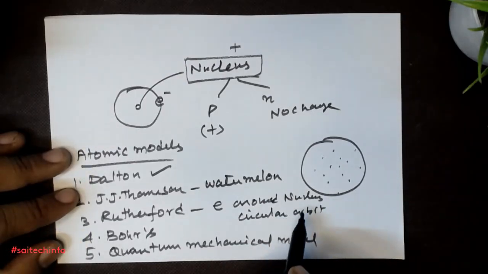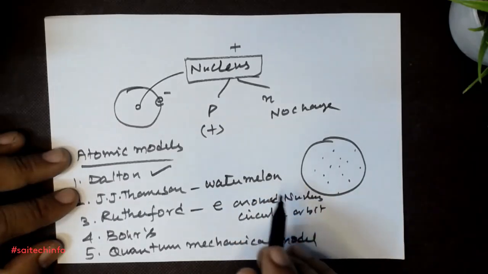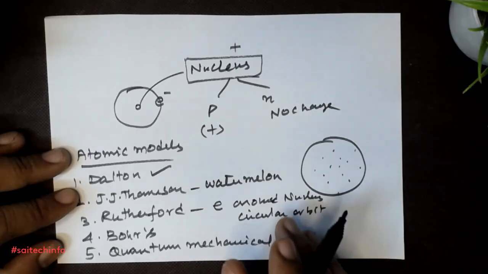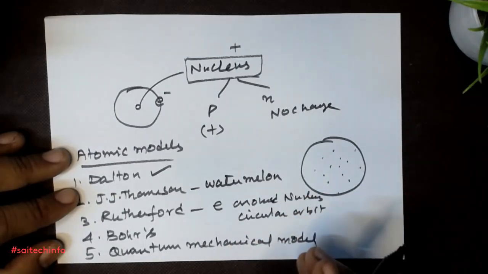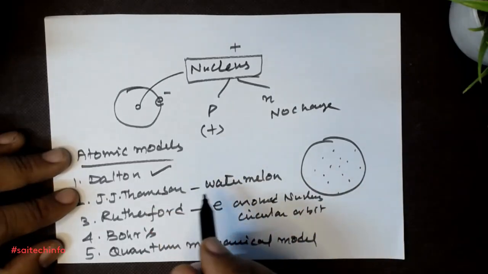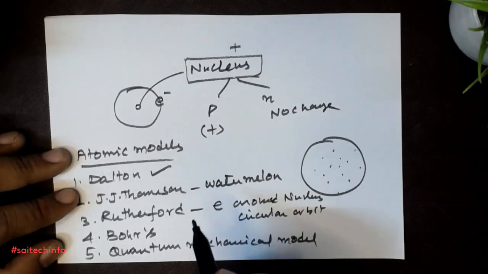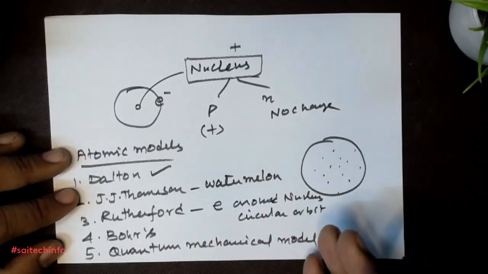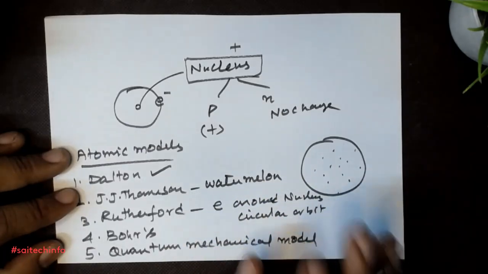This was also rejected because when these electrons are revolving around the nucleus in a stationary orbit, what happens? It will lose its energy. When it loses its energy, then automatically it will come to the center and hit by itself. So that results in the suicidal action of the atom.